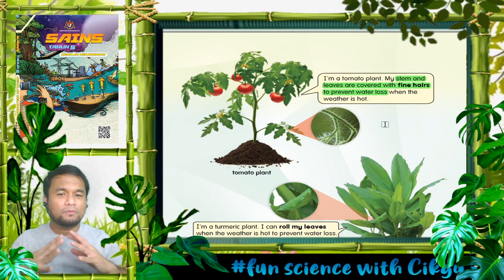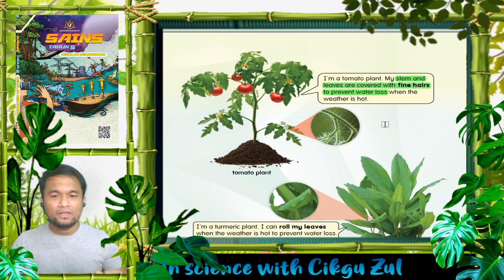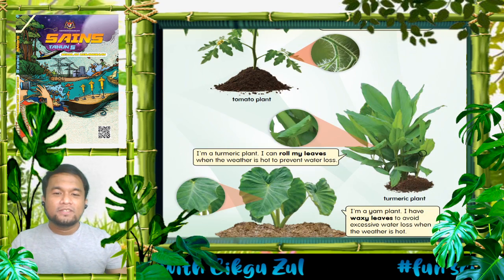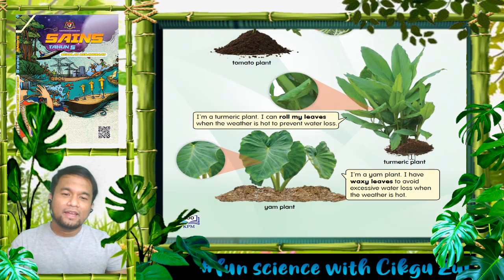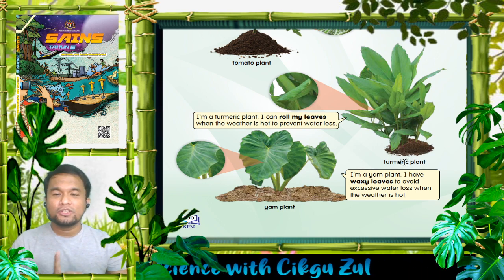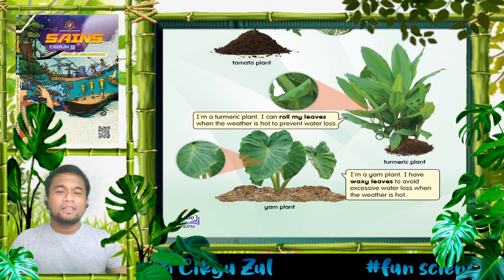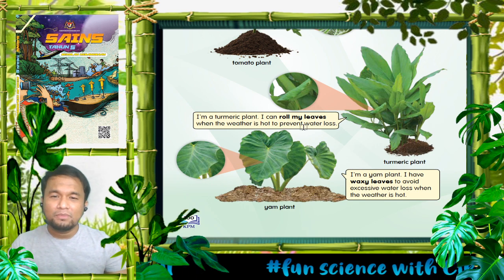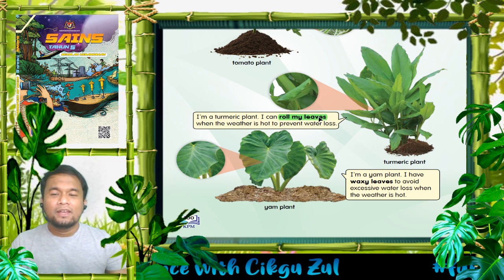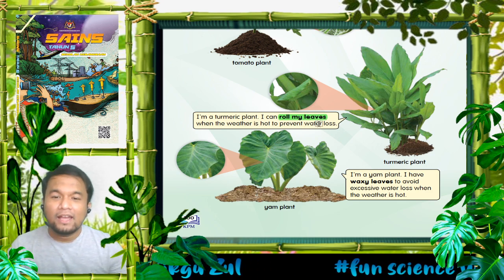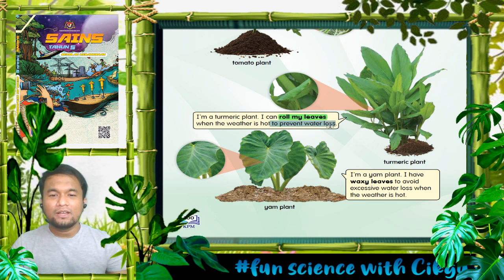These fine hairs will prevent water loss. But the turmeric plant, and also the ginger plant, has the behavior of rolling their leaves when it is hot. This is to prevent water loss.